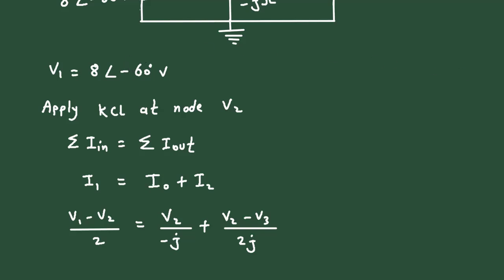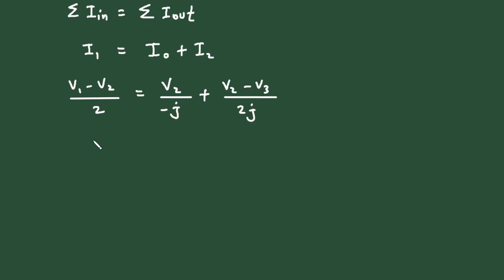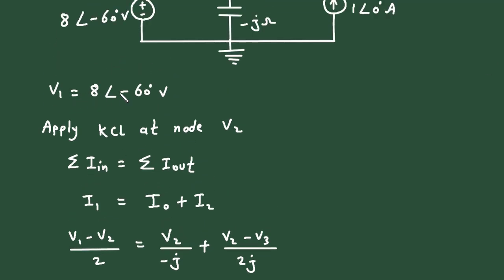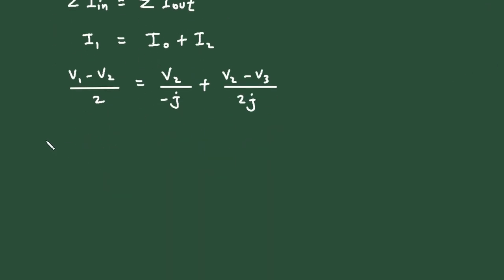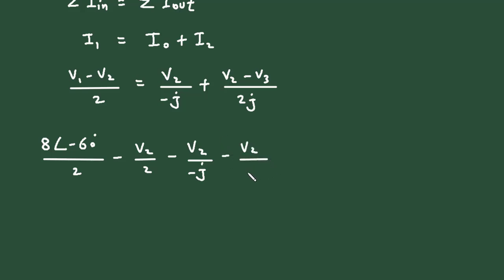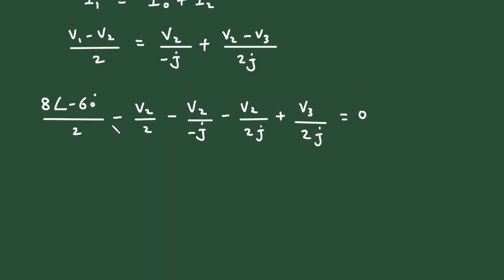It is this much. So let's put it here. 8 at an angle minus 60 degree divided by 2 minus V2 divided by 2. We can take this on left side, so it will be minus V2 divided by minus j. Then this will be minus V2 divided by 2j and this will be plus V3 divided by 2j is equal to 0. So let's simplify this.